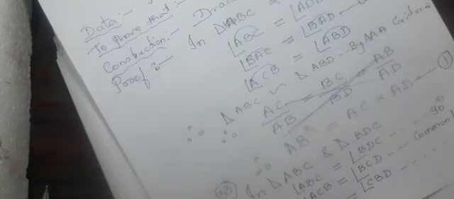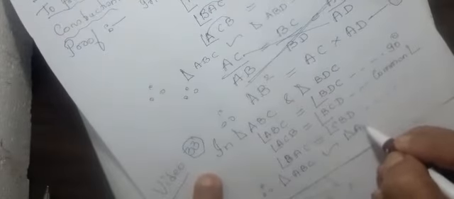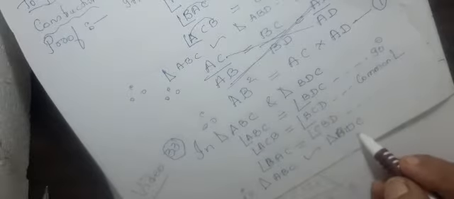Now therefore, right angle triangle ABC is similar to right angle triangle BDC. I have written BDC at the top here, so the same name I should get here. Right angle triangle ABC is similar to right angle triangle BDC by which criteria?